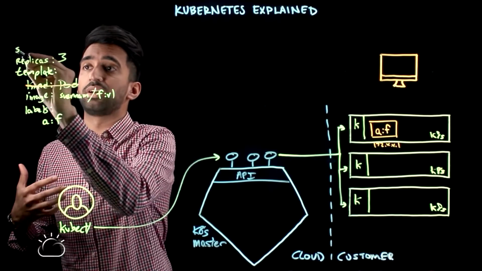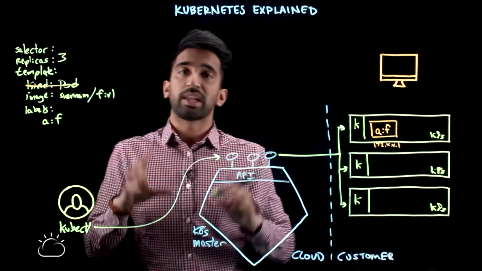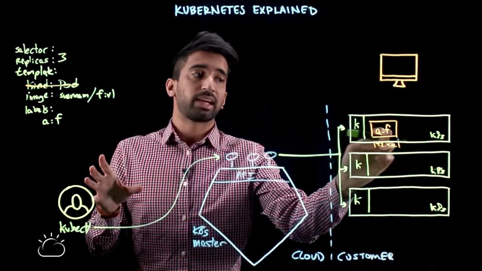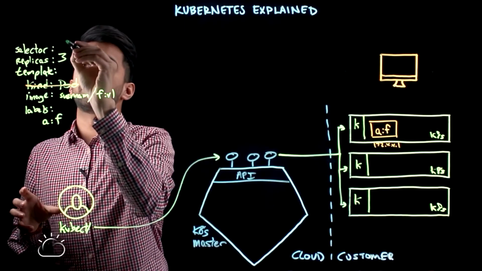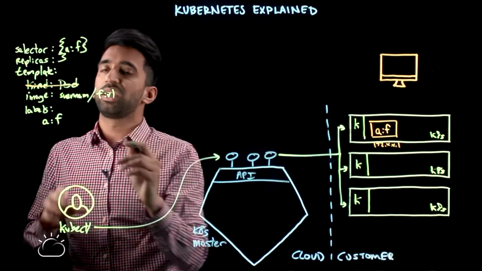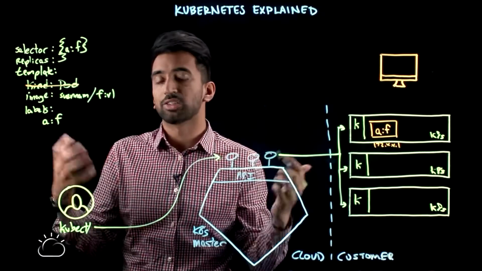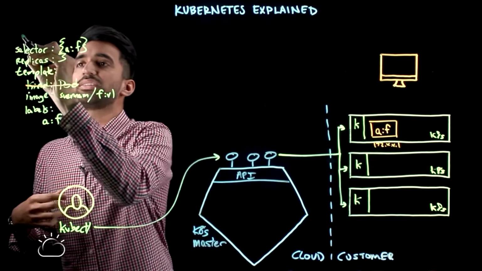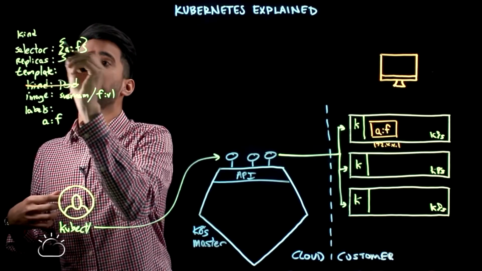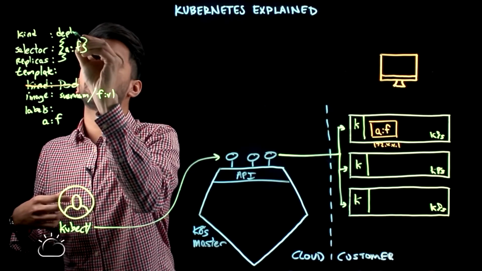We've got a selector, right? So we want to tell this deployment to manage any application deployed with that kind of name here. So we'll say match that selector here. Again, this is not entirely valid YAML, just want to give you an idea of the kind of artifacts that Kubernetes is looking for. And the last thing that we've got here is what kind of artifact is this? And this is going to be a deployment.